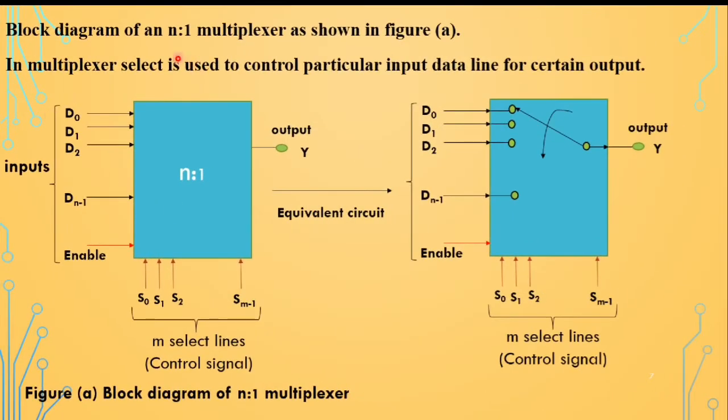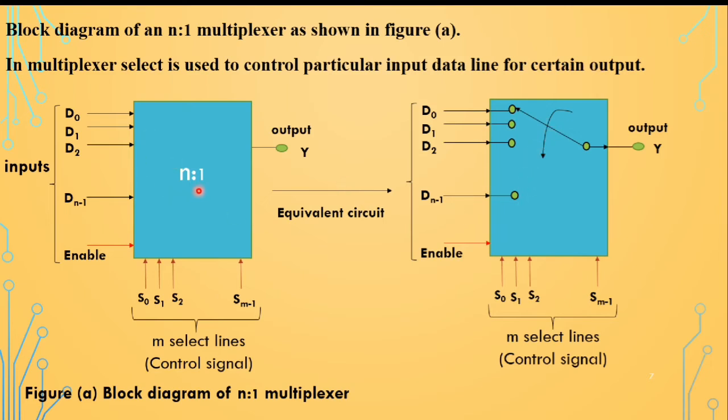The block diagram of the n by 1 multiplexer is shown in figure A. In a multiplexer, the select is used to control a particular input data line for a certain output. For example, this is the equivalent circuit.